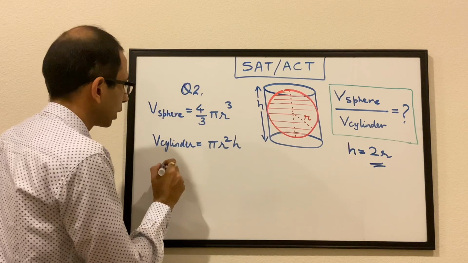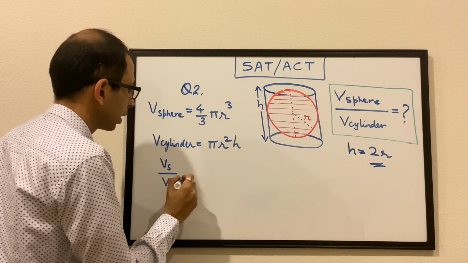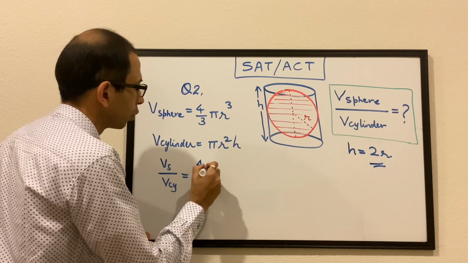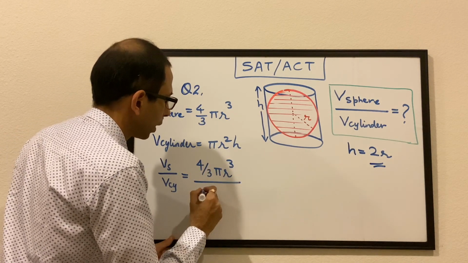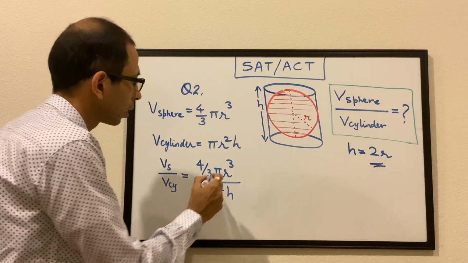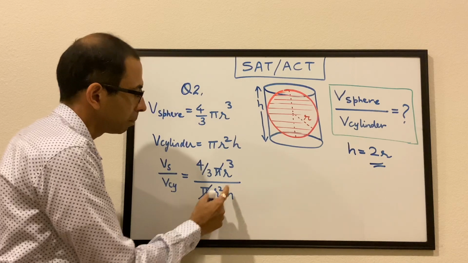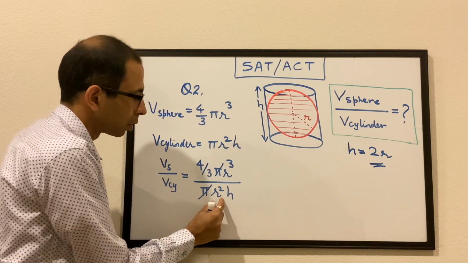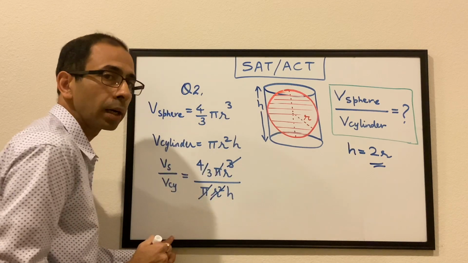So what they're asking is volume of sphere over volume of cylinder, which is equal to 4 over 3 pi r cube divided by pi r square h, right? Obviously pi and pi cancel out. r square and r square cancel out, so you're left with only one r here.